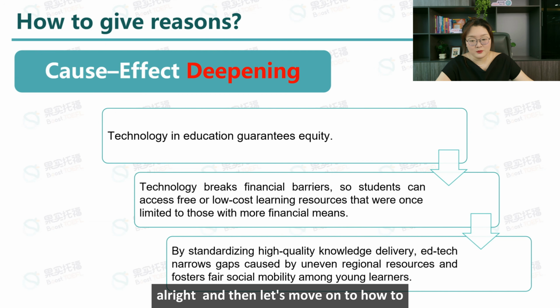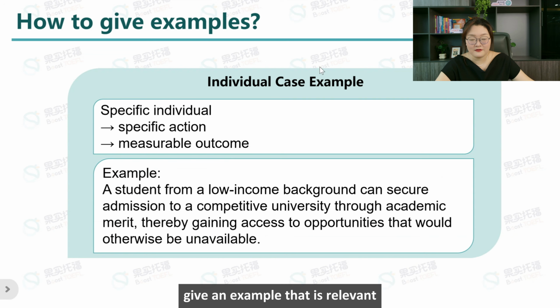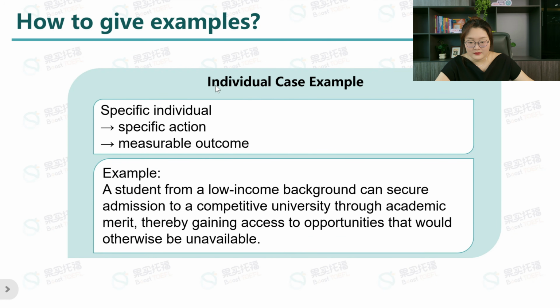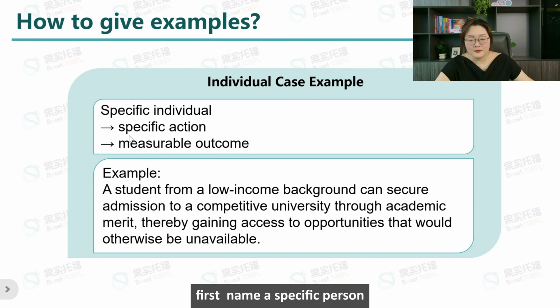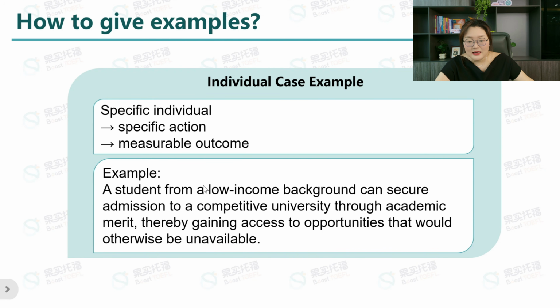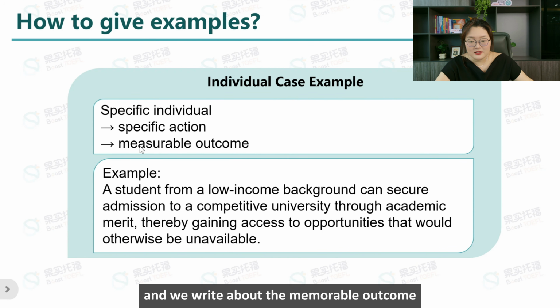All right, and then let's move on to how to give an example that is relevant. We use individual examples. First, name a specific person. It can be yourself, it can be someone else, your friend, or maybe just a random person. And we write about the measurable outcome.